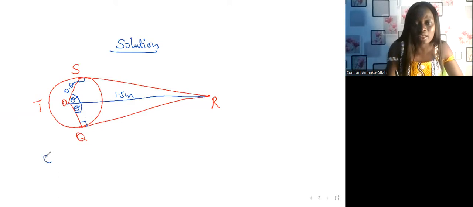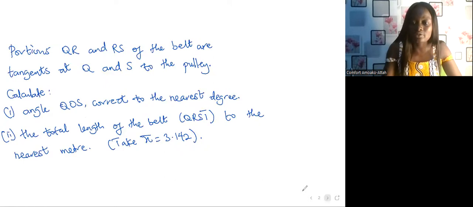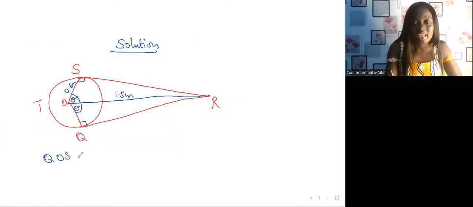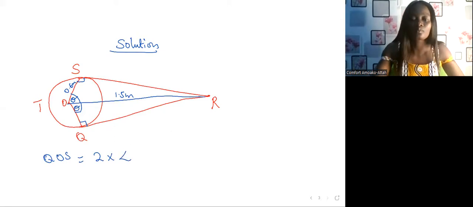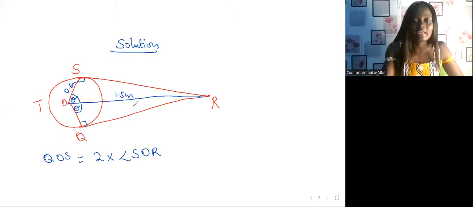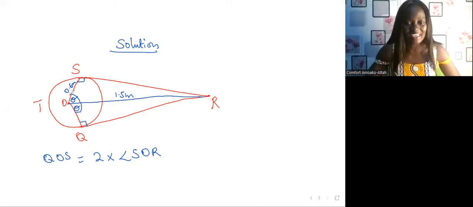We know that angle QOS, that is the angle they're asking us to find, is equal to 2 times angle SOR. Since we know this side, the moment we are able to get this angle, we just multiply by 2 to get the whole angle over here.